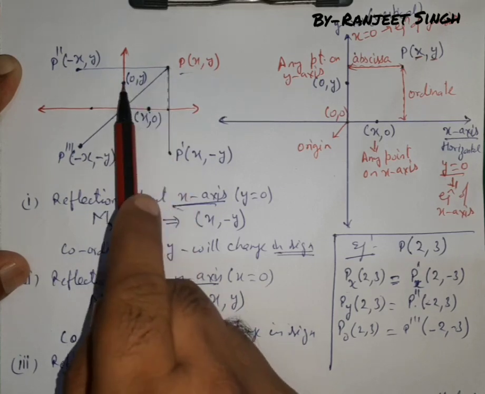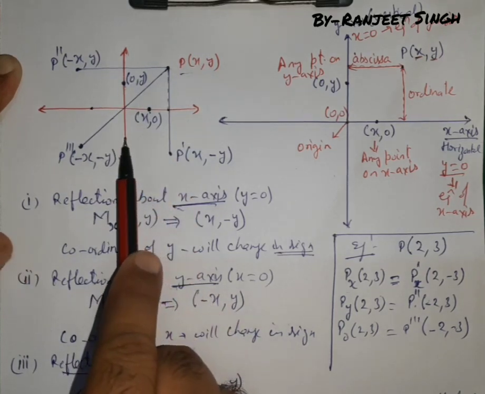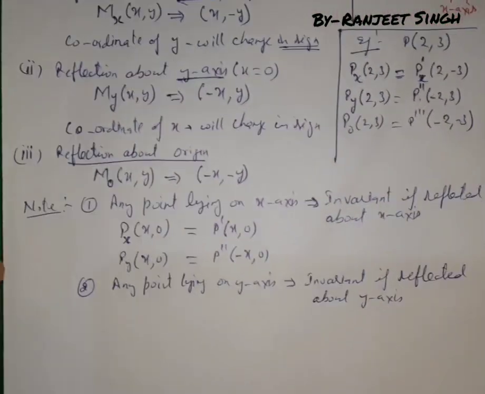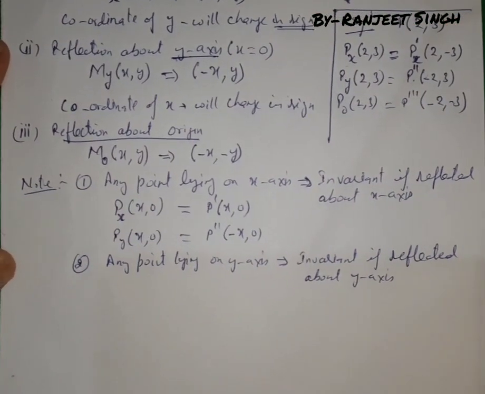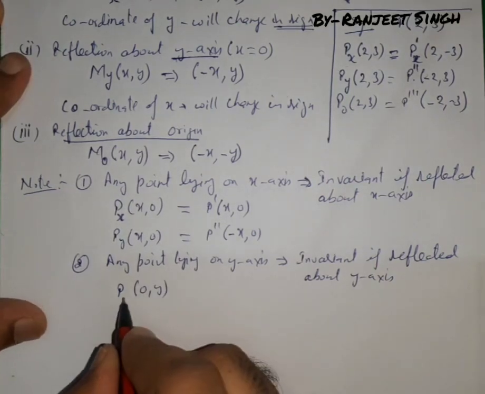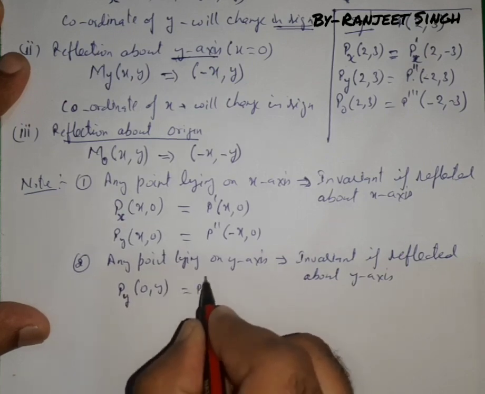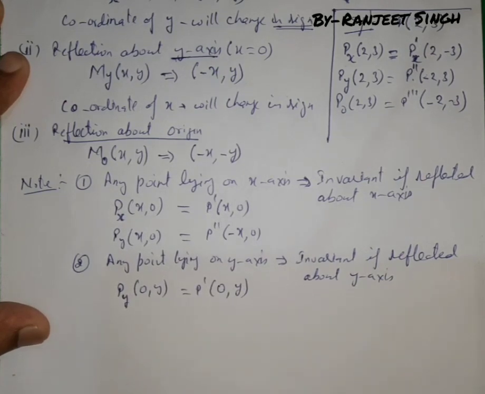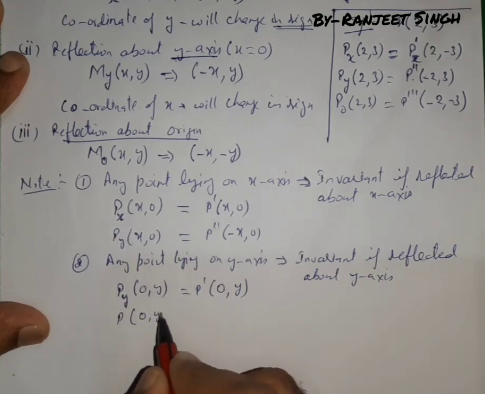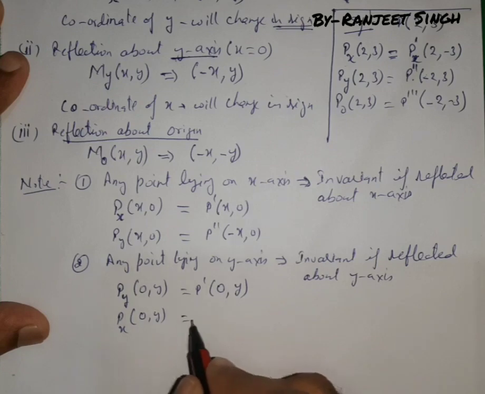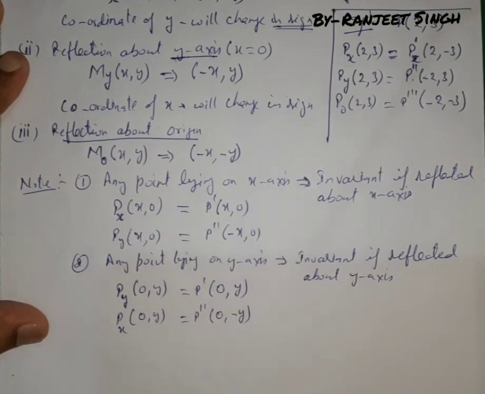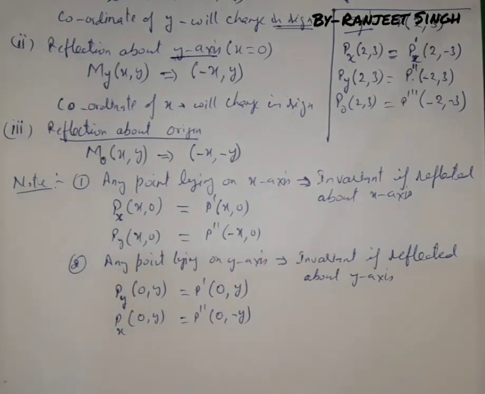But if it is reflected through x-axis, then it will become here, so this will not remain invariant. So in this case, if point P (0, y) is reflected under y-axis, then this will be (0, y) only, so there will be no change. But if it is reflected about x-axis, then the sign of y will change, so this will become P of (0, minus y).